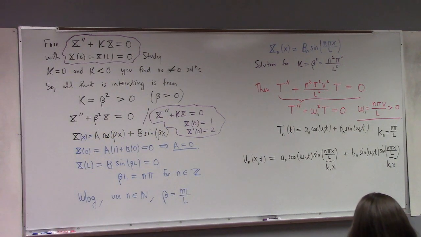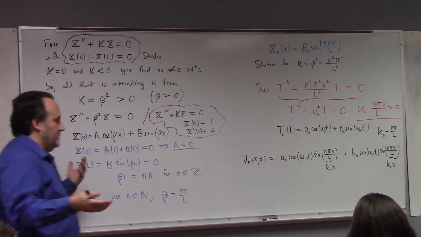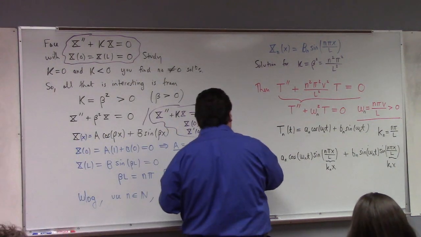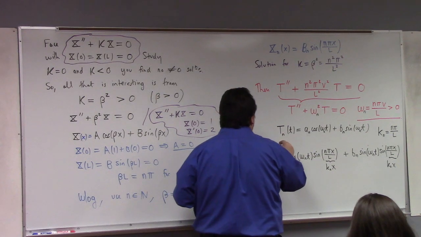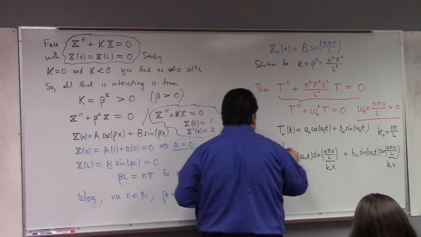That would save us some writing, but anyway, I'm not going to commit to that. I'm just saying you could do that. So we find one of these products. What I did just now was I set the big B sub n equal to 1, without loss of generality.